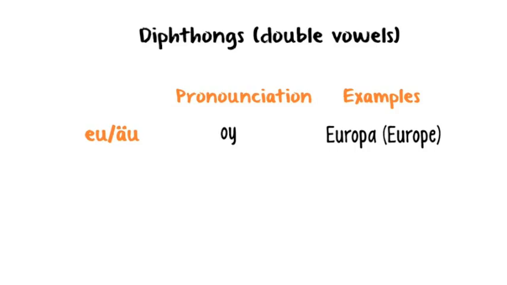The next letter combination is IE, which is simply pronounced like E. For this letter combination, we have the example of the word sie, which means you. Eu, Ie, Europa, sie.